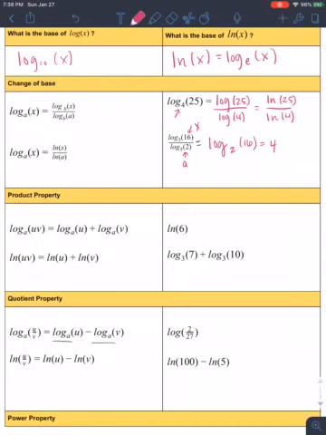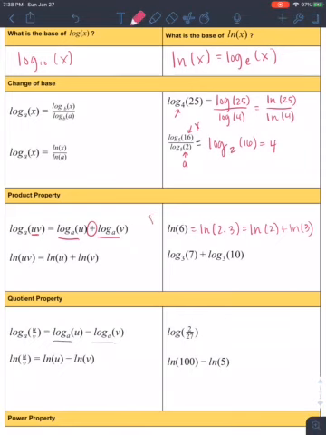Okay, product property. If I have two numbers being multiplied together inside, as the input to the logarithm, I can separate them into two separate logarithms being added together. So I'm going to rewrite this. The ln of 2 times 3 would be the ln of 2 plus a second ln of 3.